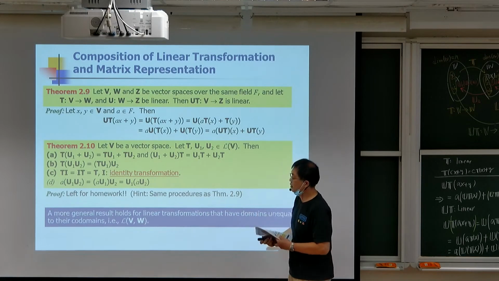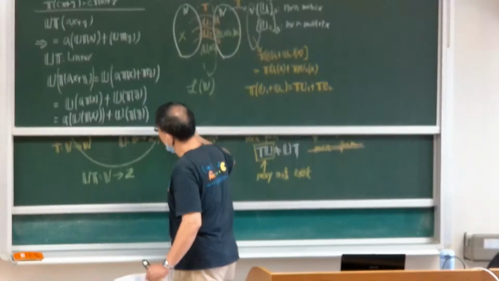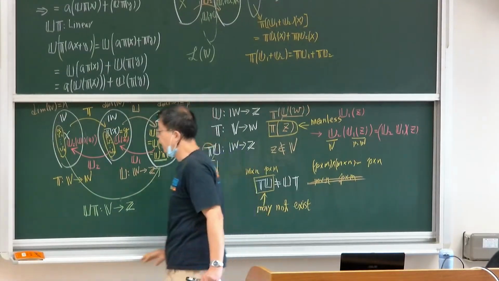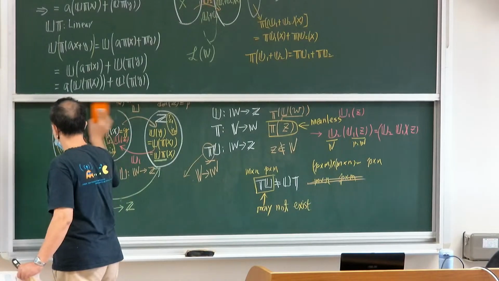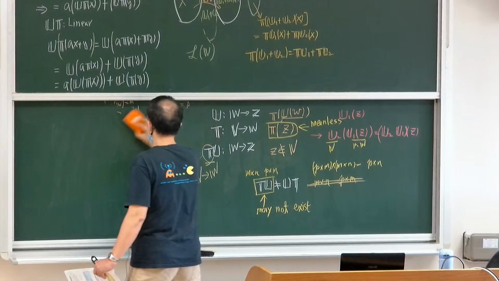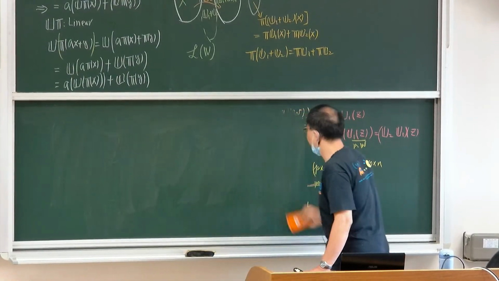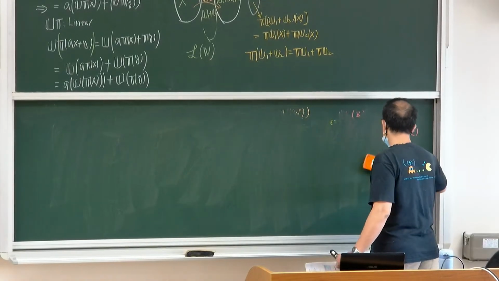For example, for C, if V and W are not of the same dimension, then for C we have to rewrite it very, very carefully.